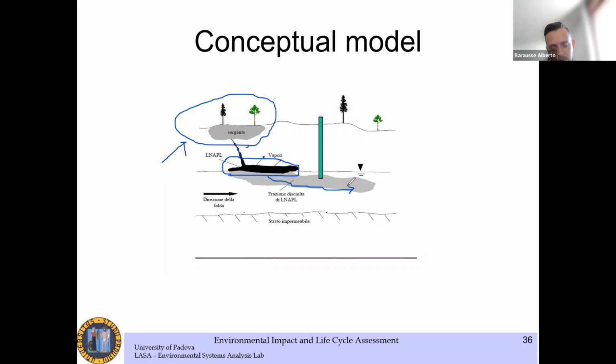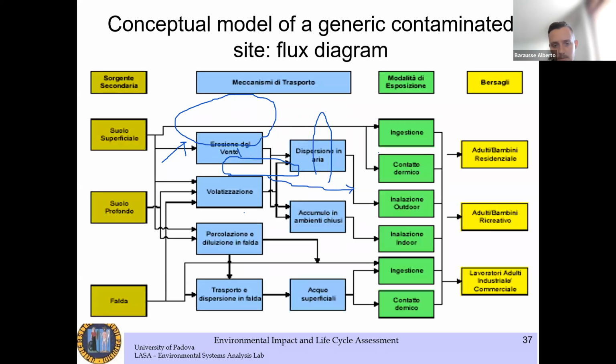This is a diffusion process. This is a pathway. And then you have a well where people, like this guy, drink, and this guy is the target. Okay, this guy is what you care about in your risk assessment. So this is an example of a conceptual model.